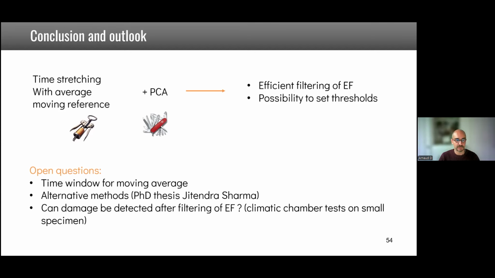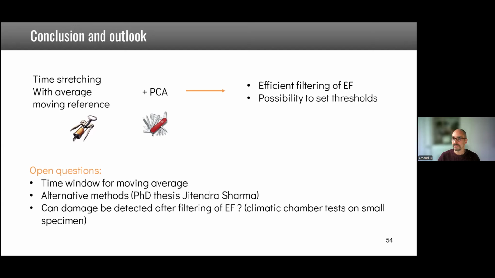And then the last point, of course, that I just mentioned before, is that you should make sure that damage can still be detected after filtering your environmental factors. I told you that I'm not allowed to do that in tunnels, but we are allowed to do that on small specimens, and we have a climatic chamber.